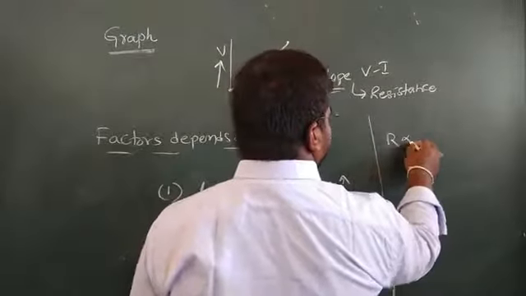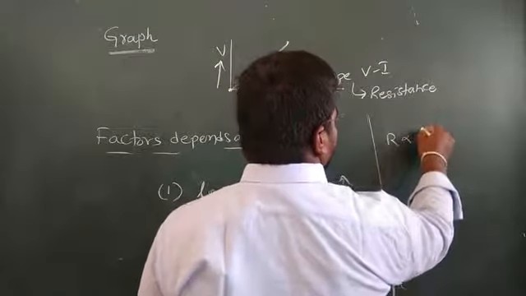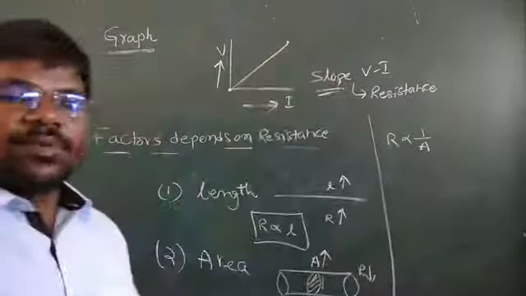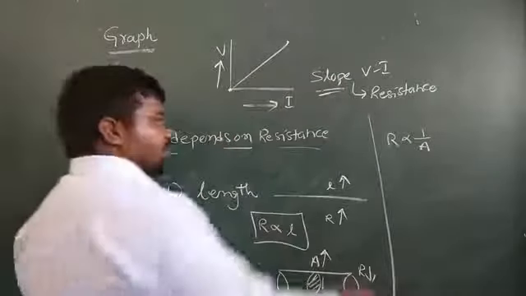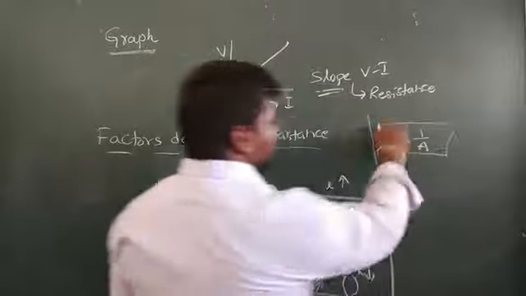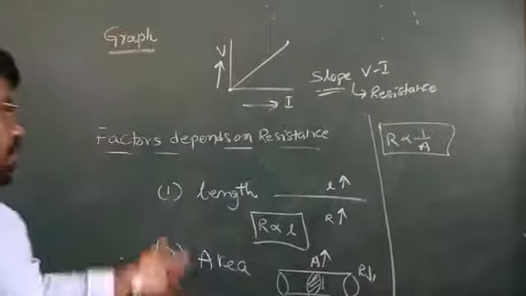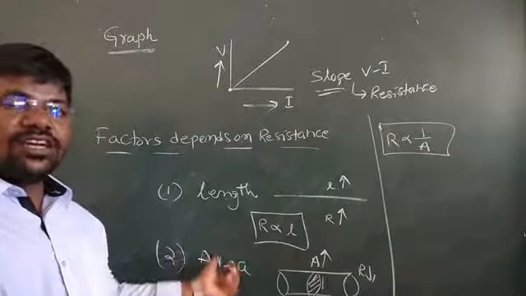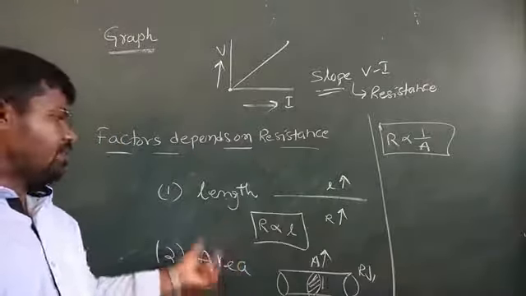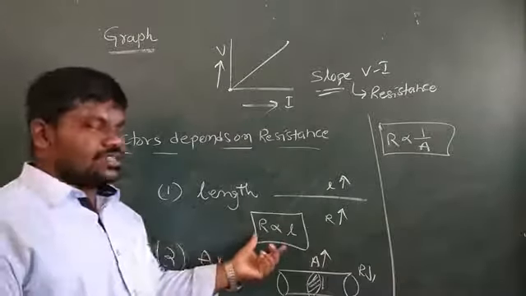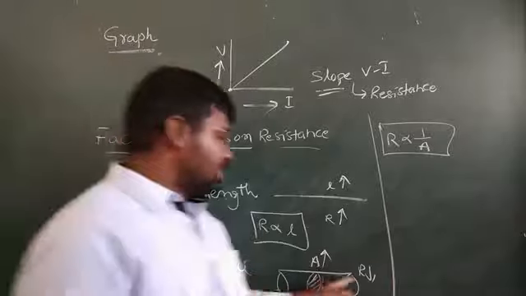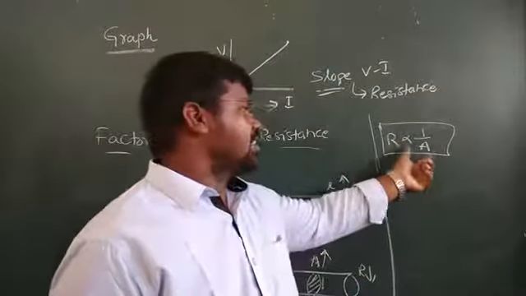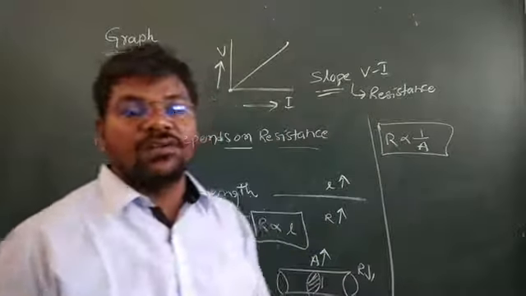R is inversely proportional to area. These factors, length and area, we take at constant temperature. Length increases, resistance increases. Area increases, resistance decreases. So we can give the relation R is inversely proportional to area.